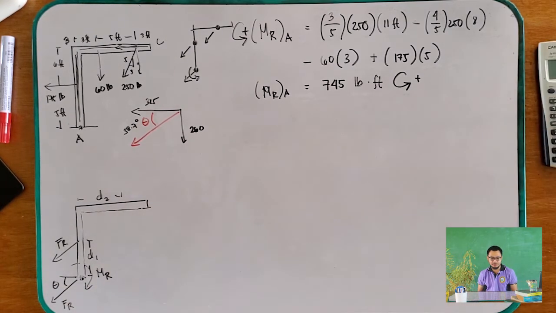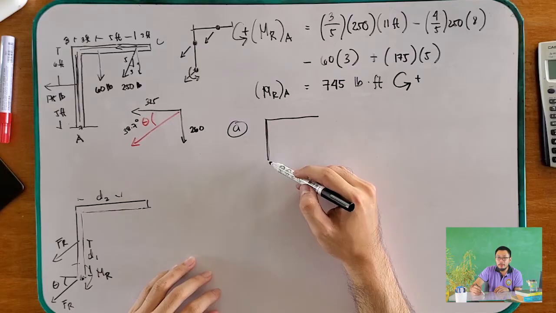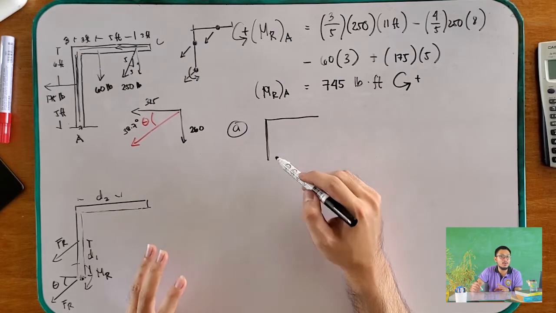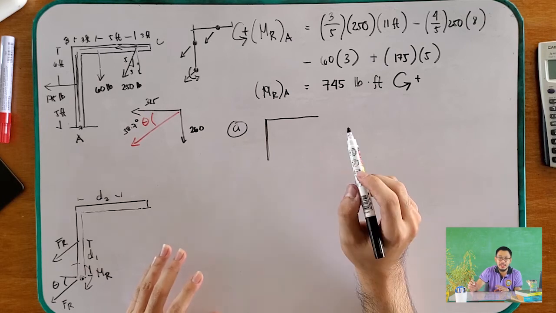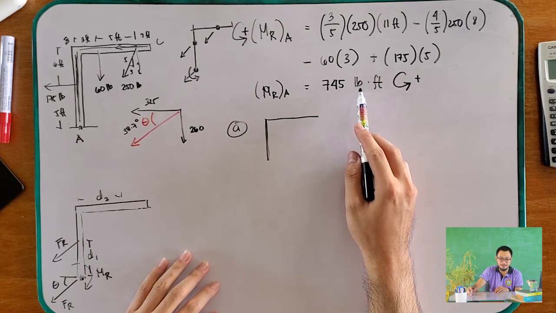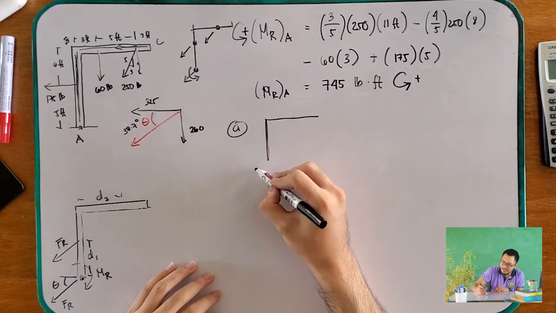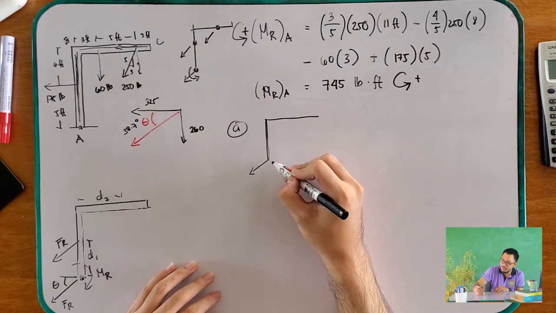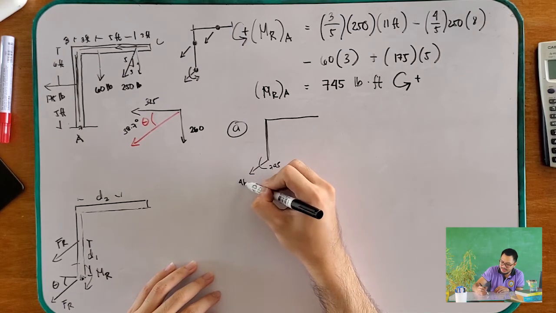Now, let's go to the second question, letter A. Our resultant force is 416 pounds and our resultant moment is 745 pound-foot.